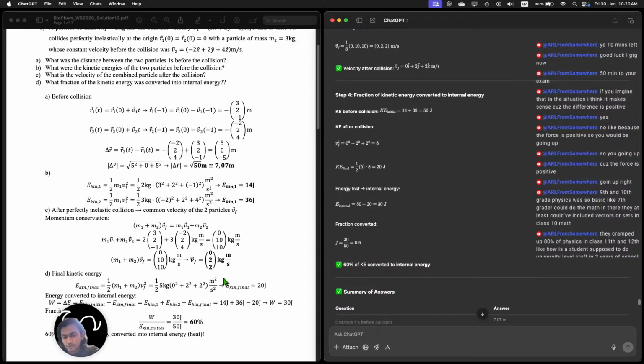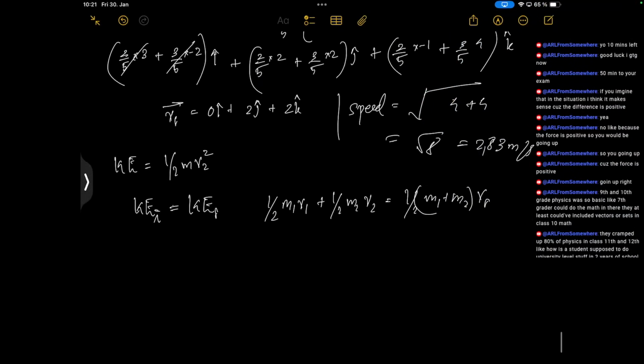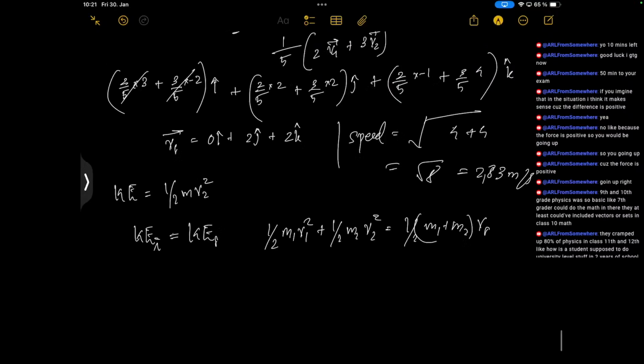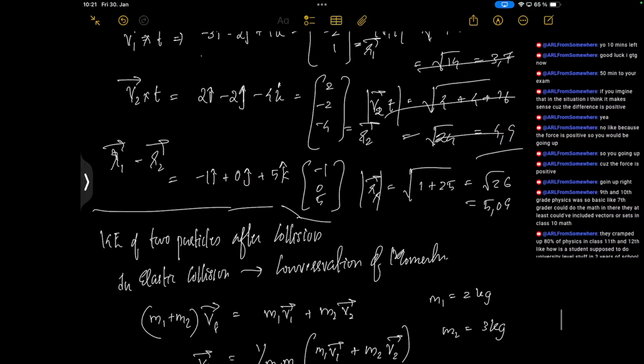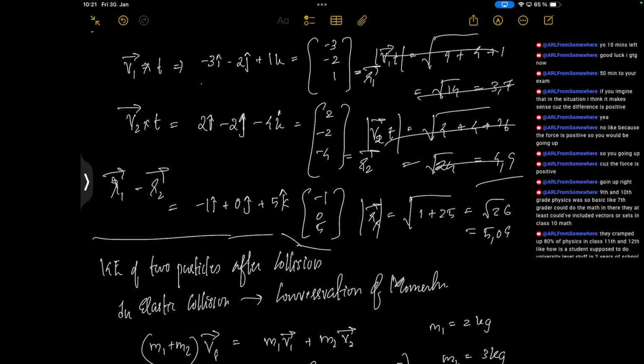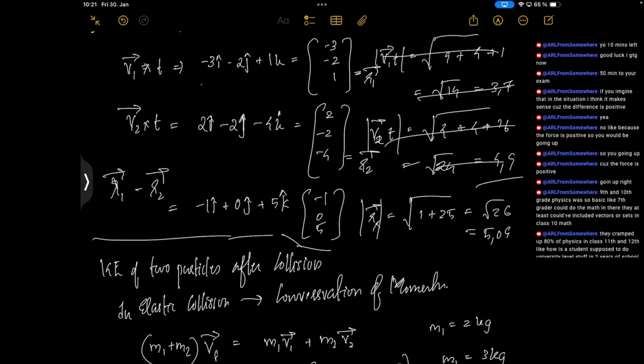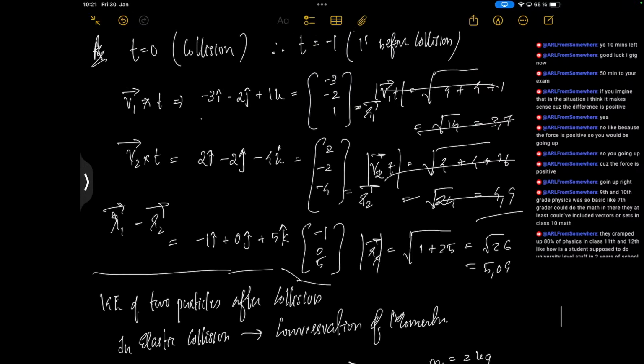Internal energy, let me do that. Square, right? So root 14, 24.